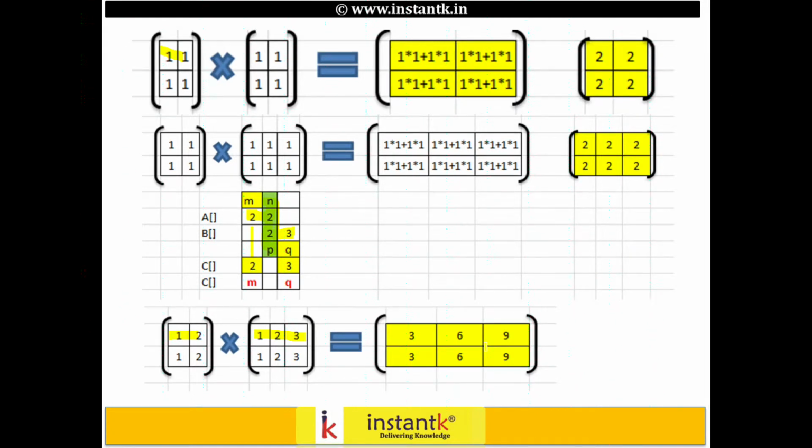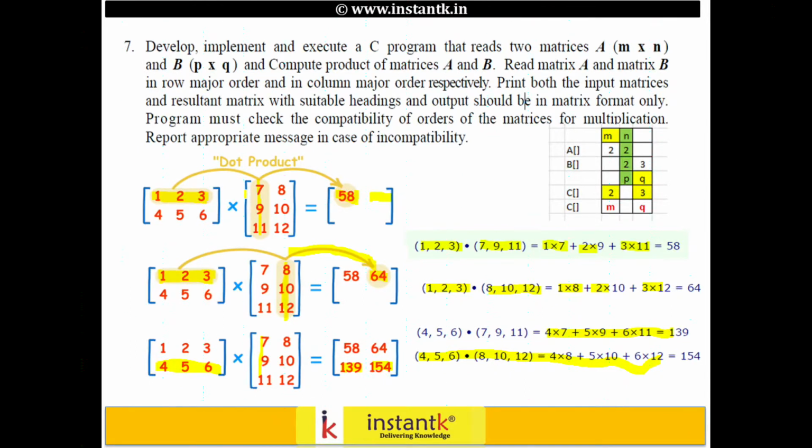So we need to check that if the arrays are m into n and p into q, then n and p should match, and the resultant output product C would be m into q.